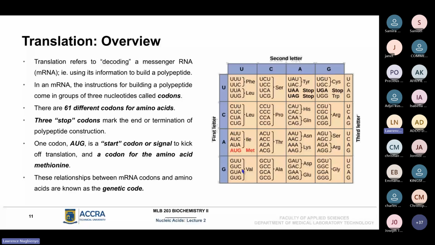These will code for serine. This will code for proline. This will code for threonine. This will code for alanine. And these will code for tyrosine. These will code for histidine. These will code for glutamine. This will code for asparagine. This will code for lysine. This aspartic acid or aspartate.